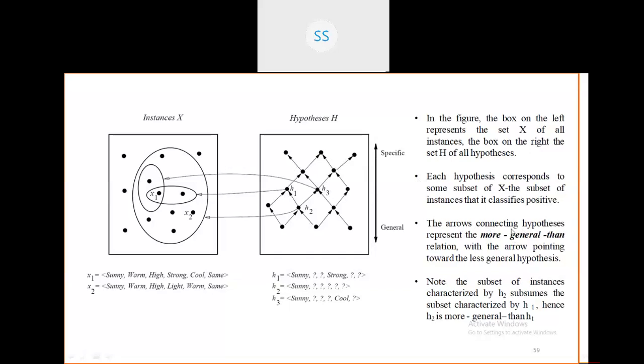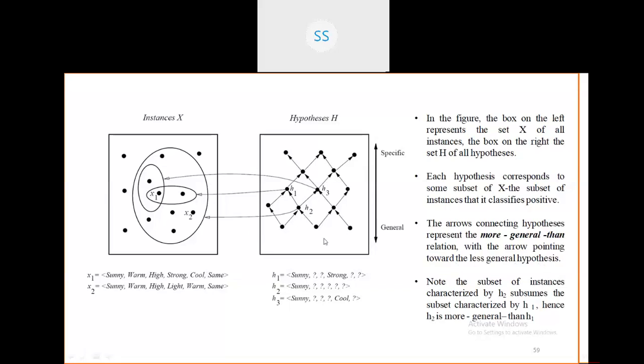The arrows connecting hypotheses represent the more-general-than relations, with the arrow pointing towards the less general hypothesis.